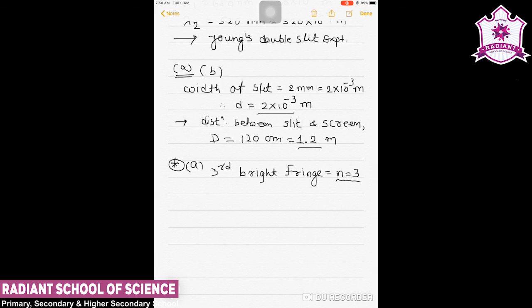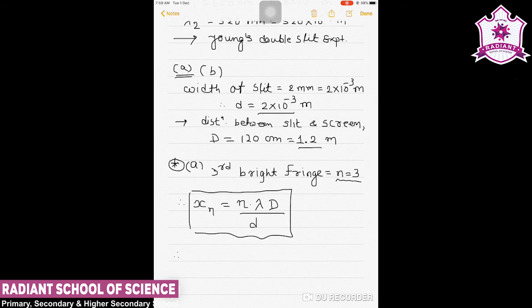So we can say x3 is equal to n, or we can go in a general way. So first we will write the general equation, that is xn is equal to n lambda D over d, that is your basic equation to find out the nth bright fringe.